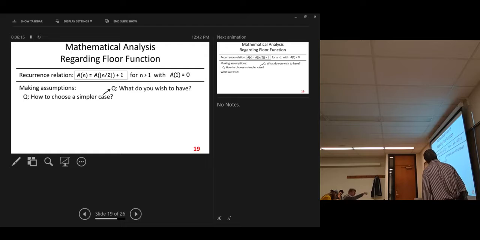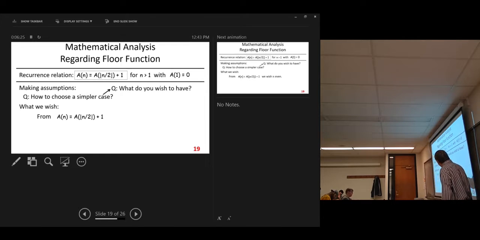How to choose a simpler case? What do we wish to have? We wish to have an even number, in order to make this equation simpler.